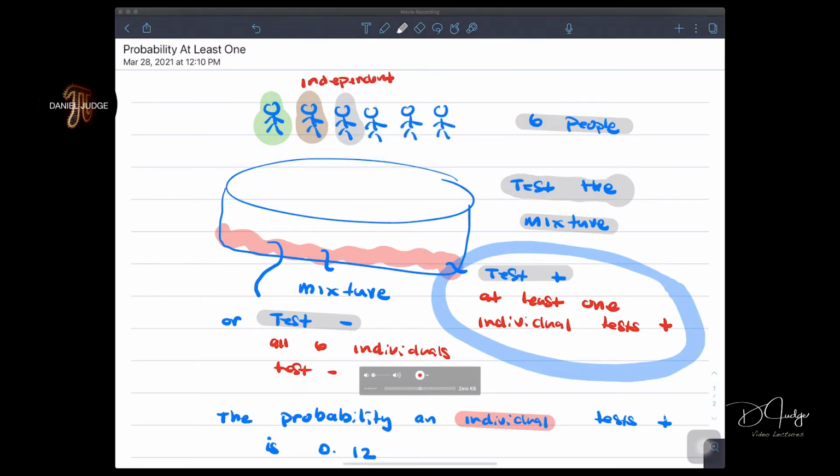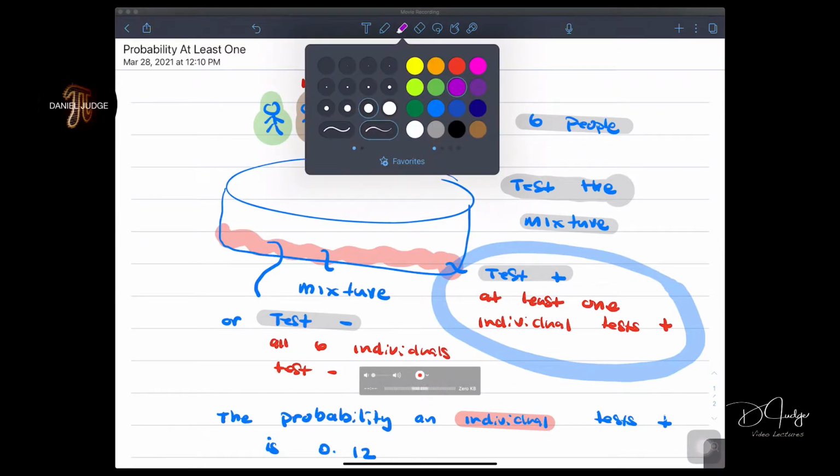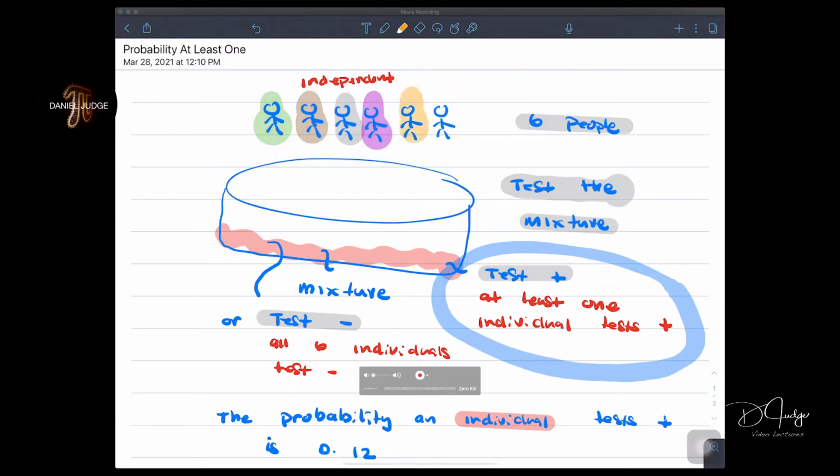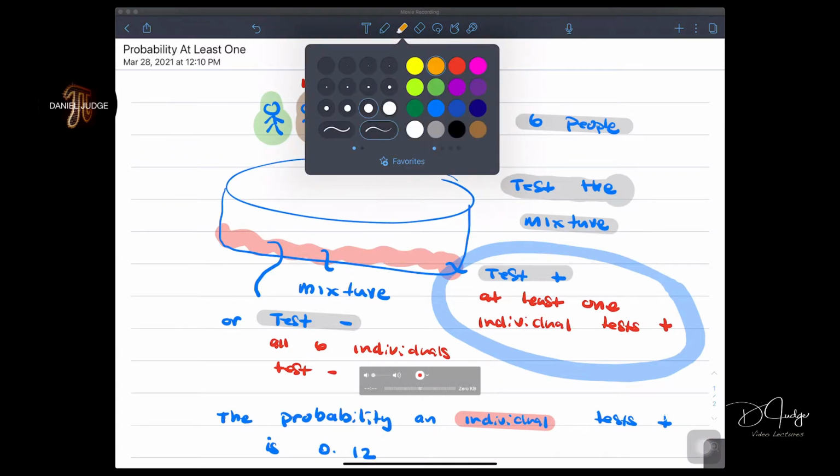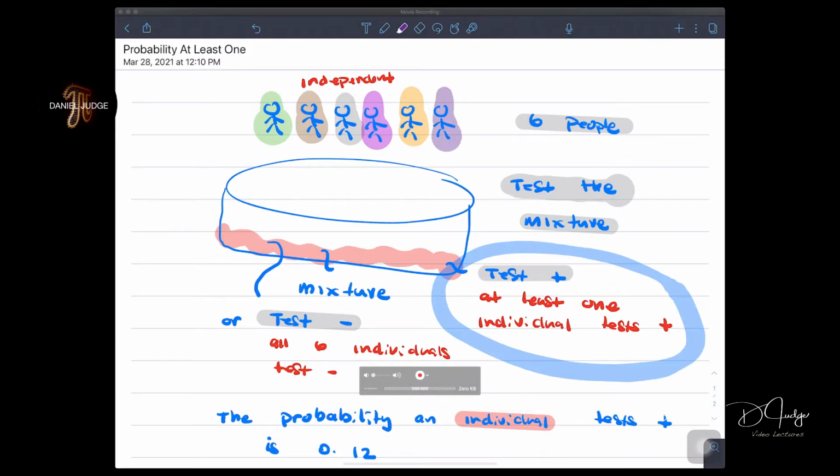Third person, independent of one another. Fourth person, the chance the fifth person tests positive or negative, that's independent. The past doesn't affect the present or the future. So the prior result doesn't affect the next result. So this is an independent process, and that's also the key.